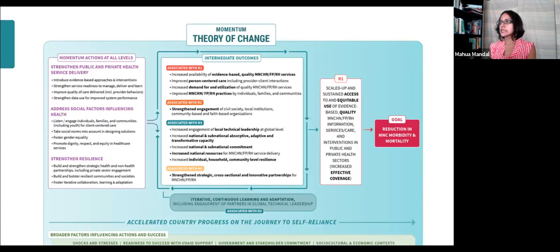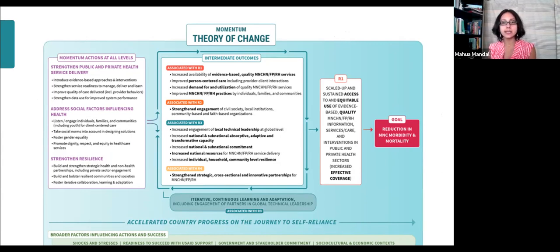You may not be able to see all of the text here, but this is an example of a theory of change. This is the cross-momentum theory of change that Momentum Knowledge Accelerator had drafted, which represents the full body of work that the Momentum Awards would do and how the activities would lead to outcomes and impact.